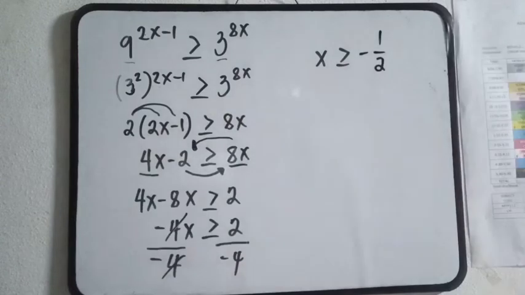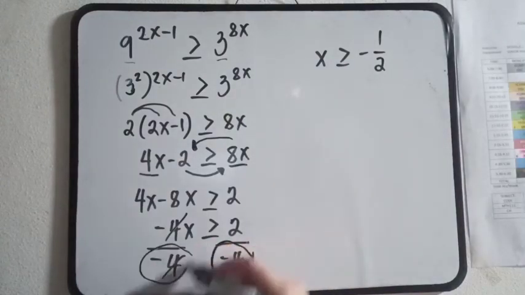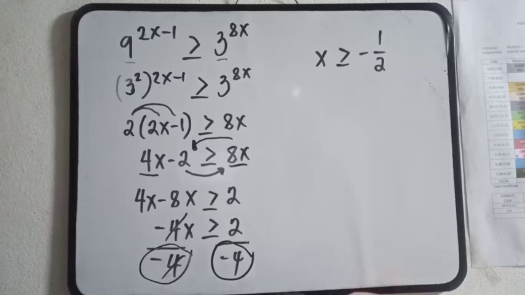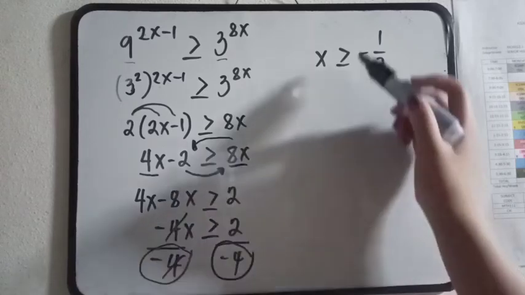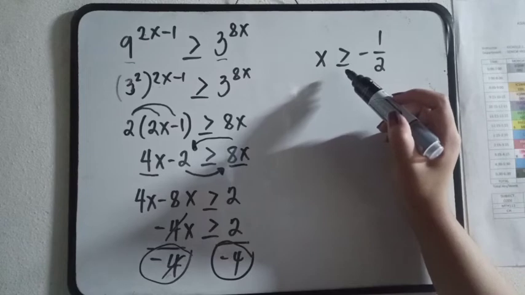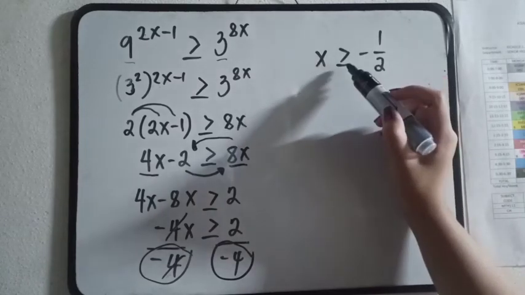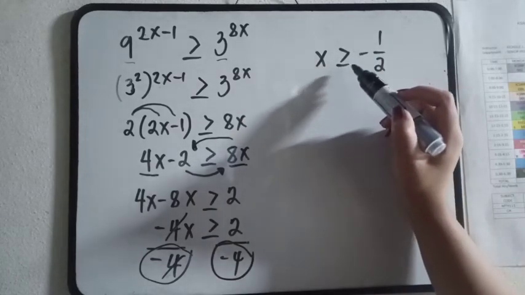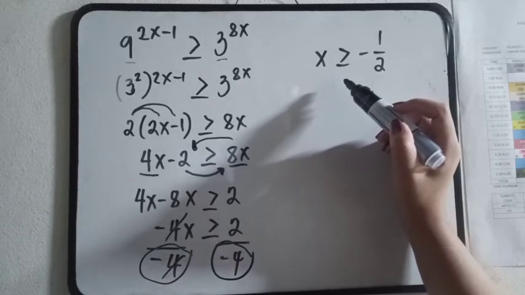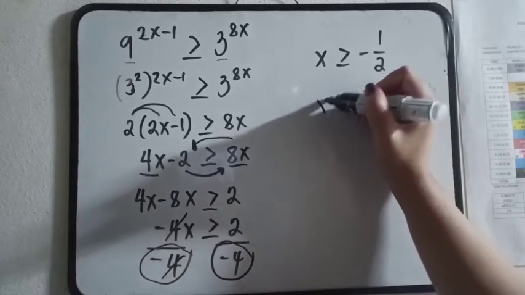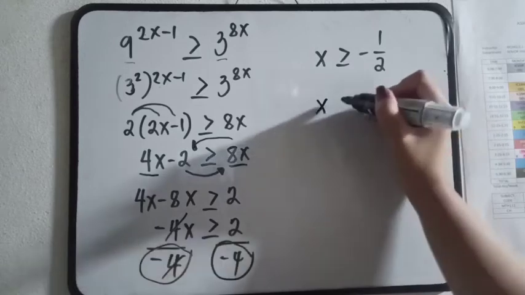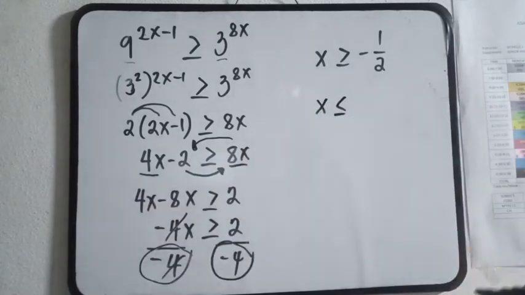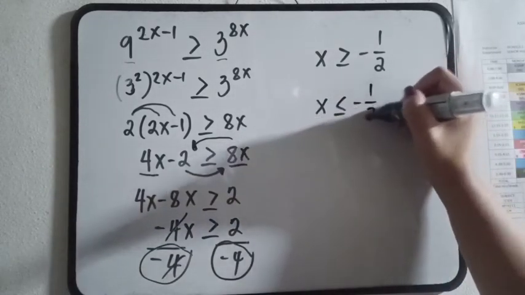Okay, so since nag-divide tayo ng negative number, kapag nagdi-divide tayo ng negative number sa inequality, marireverse yung ating inequality sign. So from greater than or equal to, marireverse siya, magiging less than or equal to. So ang ating magiging answer is x is less than or equal to negative 1/2.